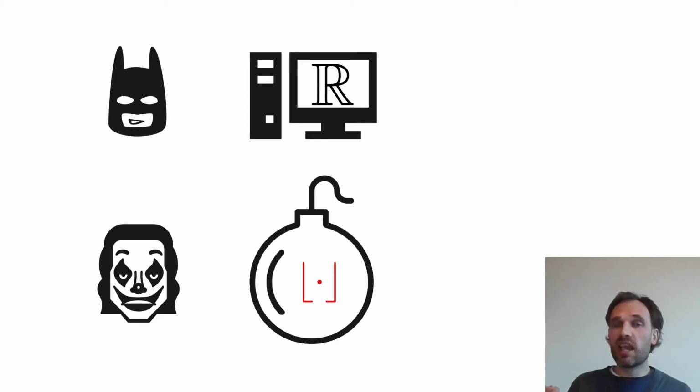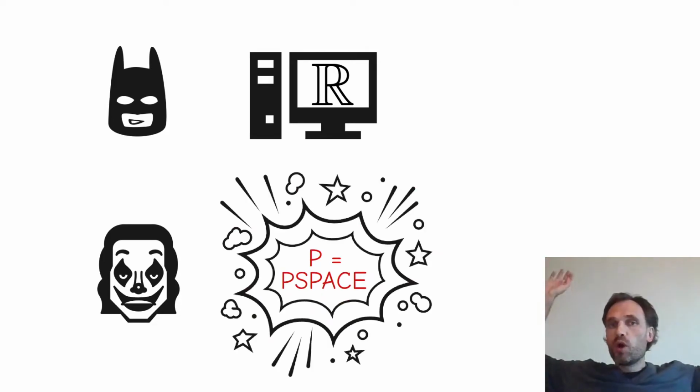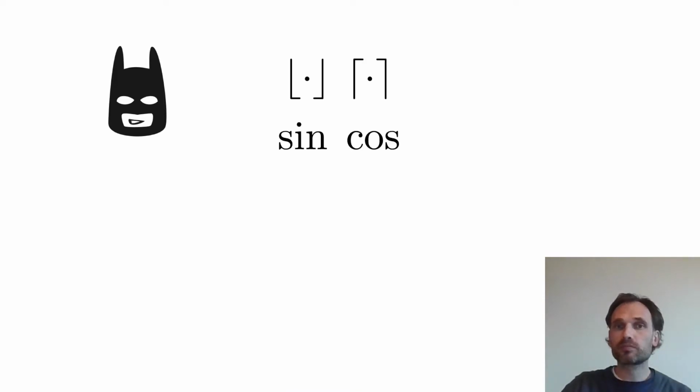And actually, if you allow the rounding operation, then it's possible to abuse this infinite precision, and you can solve PSPACE-complete problems in polynomial time on the real RAM. That's not good. That's way too powerful. We don't want our model of computation to be that powerful. That kind of contradicts our belief in these complexity classes.